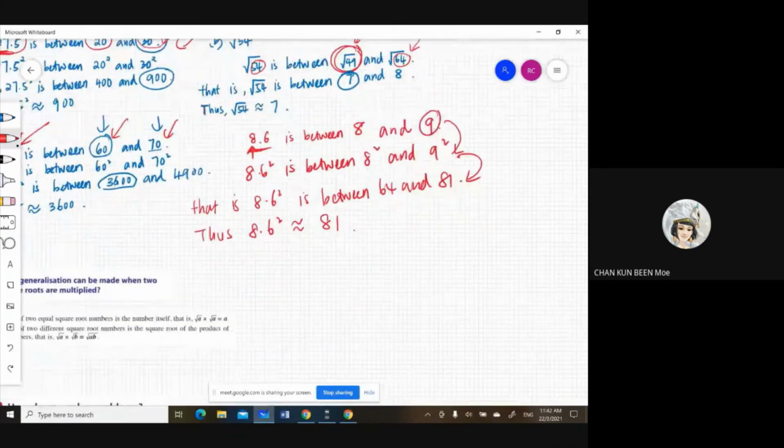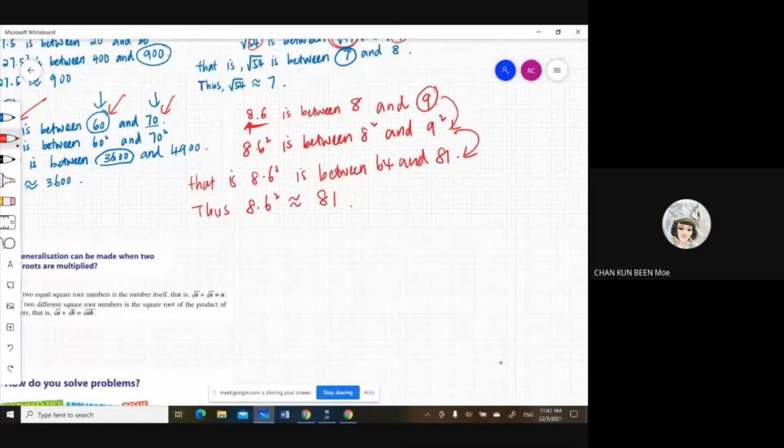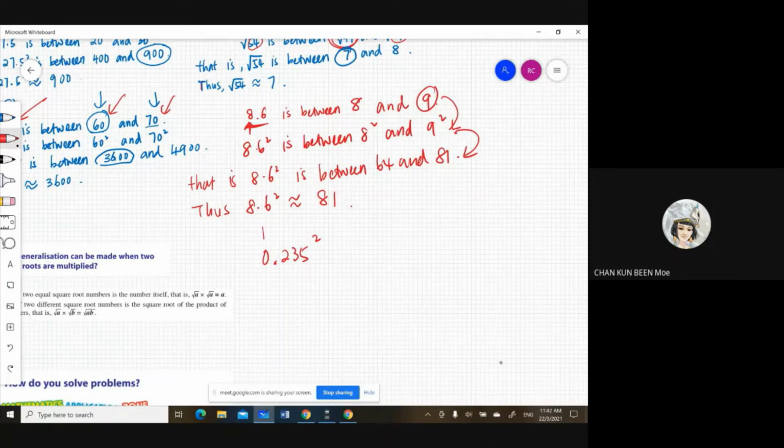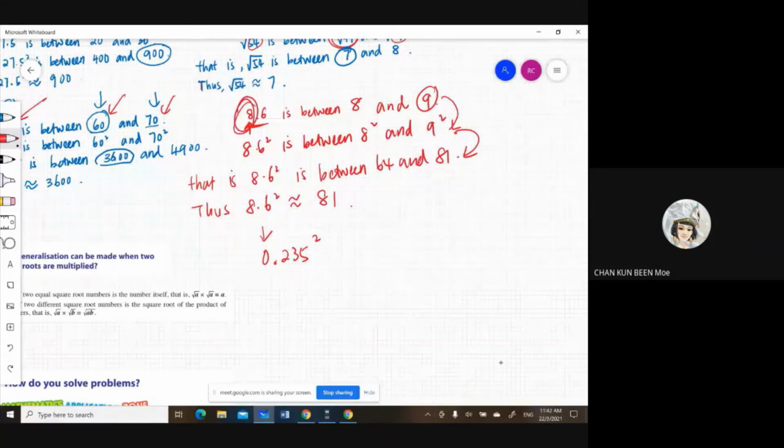Okay, if the value is getting smaller, they give you a smaller value like 0.235 squared. They ask you to find out 0.235 squared. You see the value is 0 over here, but this one is unit. So how are you going to choose?